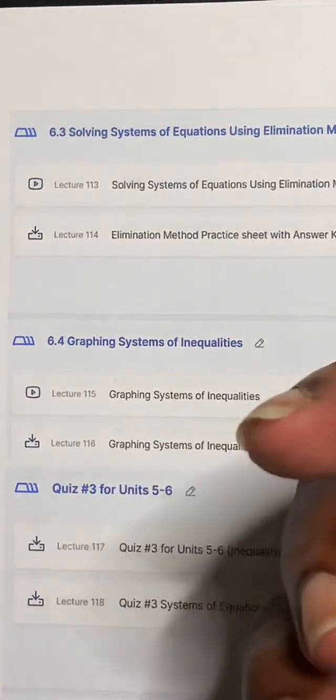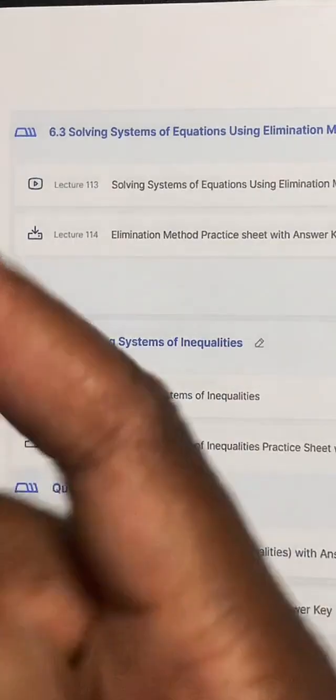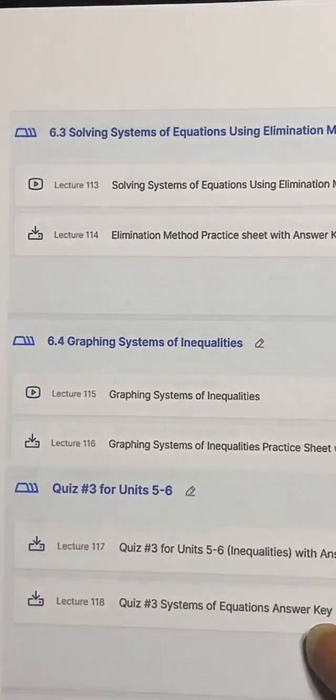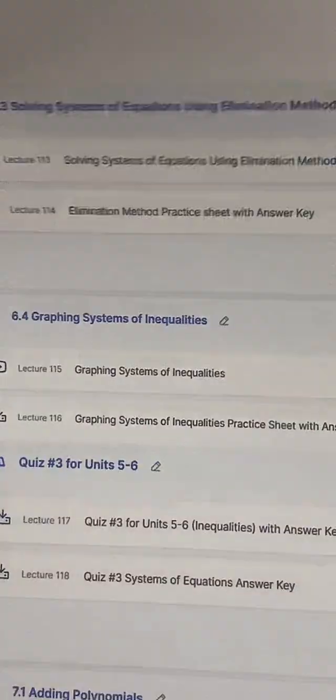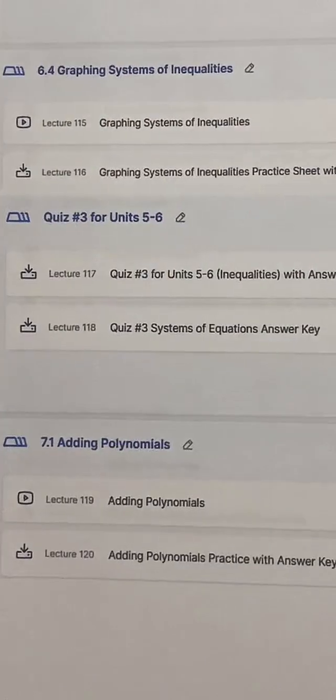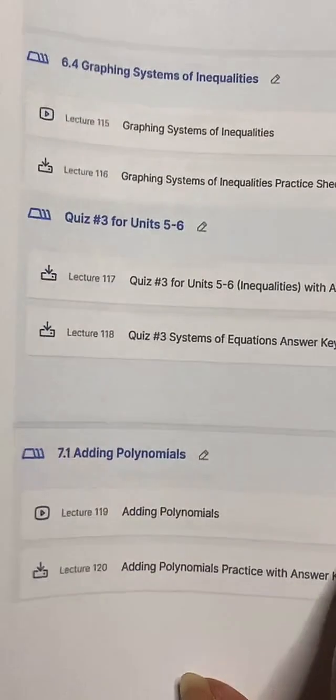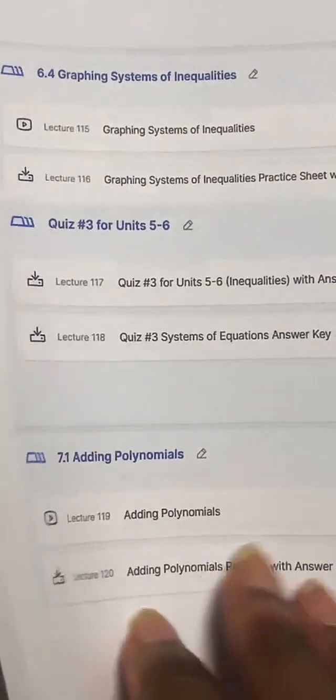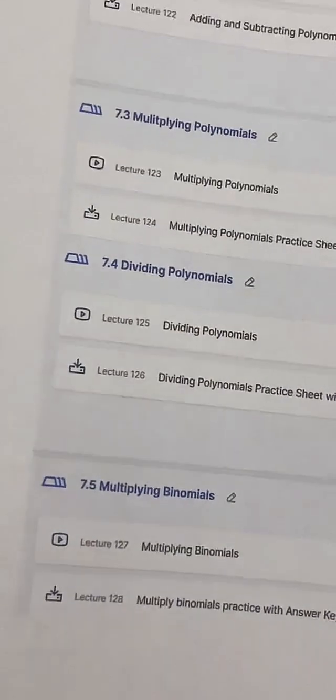All you have to do is either download it, or upload it on your computer and do it on a separate sheet of paper. Or maybe you might even do it in one of my math notebooks if you want to purchase that. I'm going to tell you in a moment where they're located. So basically, this is all here.